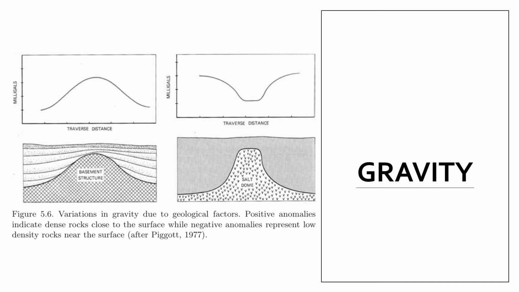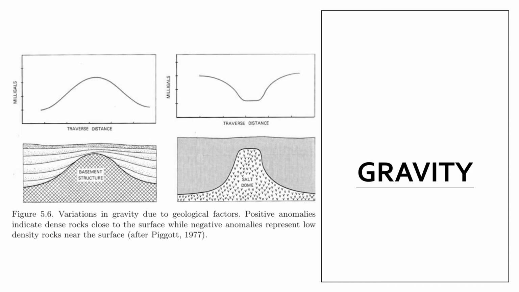And as you pass by your basement structure, which is typically more dense rocks like igneous rocks, like mafics, ultramafics, which have a much bigger density than your sedimentary rocks, we are registering here a large gravity reading. All right.